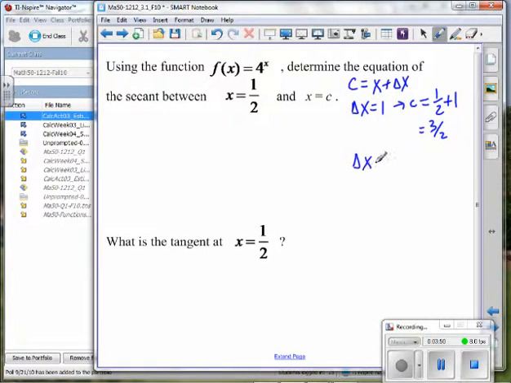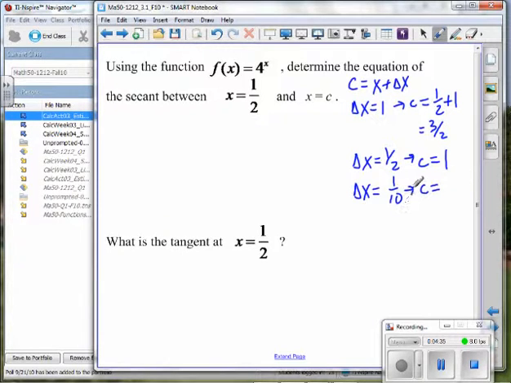If delta x is equal to 1/2, then what does c equal? Start with 1/2, add delta x, which is 1/2, so it equals 1. If delta x is equal to 1/10, what's the value of c? Here's where you might want to throw it into decimals. 1/2 is 0.5.